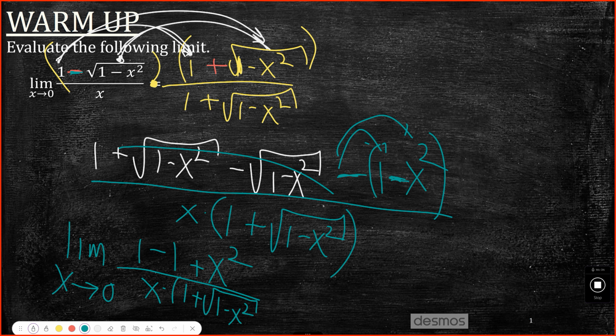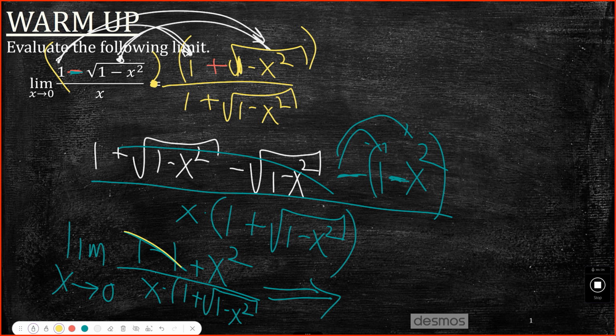I'm going to go ahead and do some more algebra so I don't run into that 0 over 0 problem. We've got to do more algebra. So 1 minus 1 cancels out. This cancels out. And what should I do? Somebody?